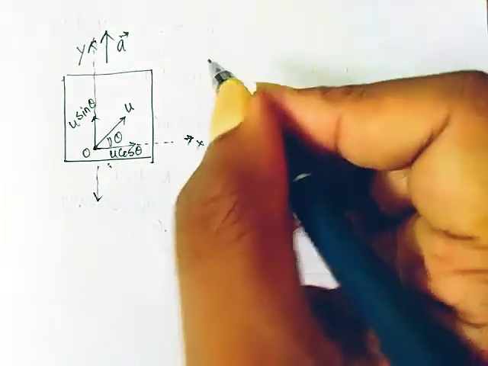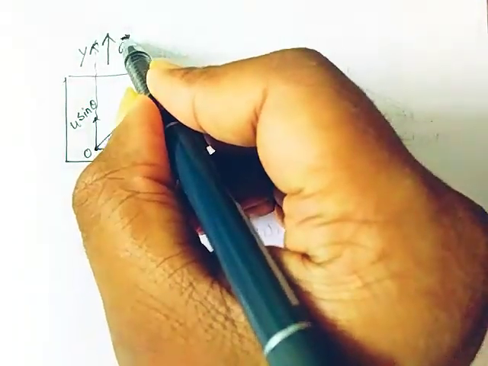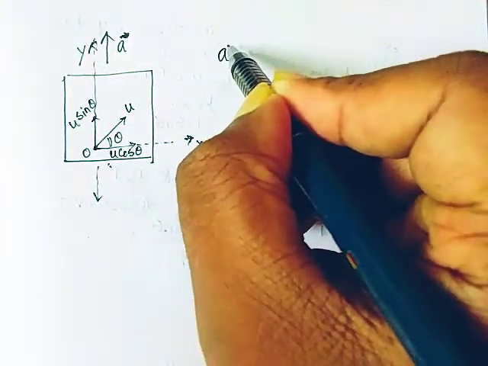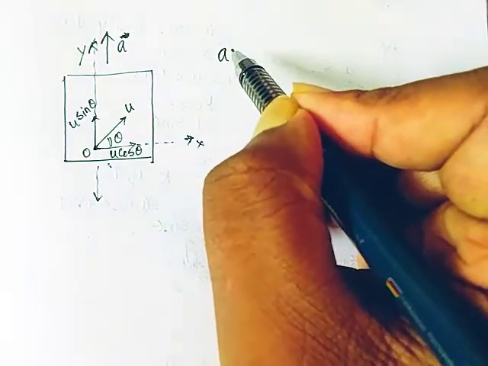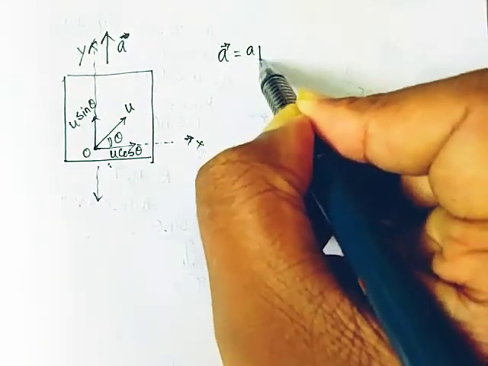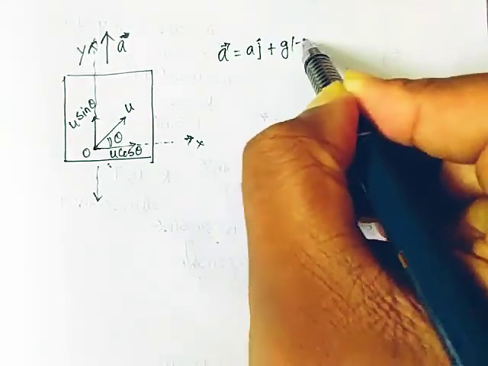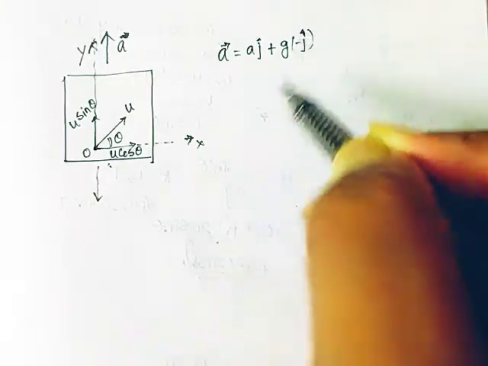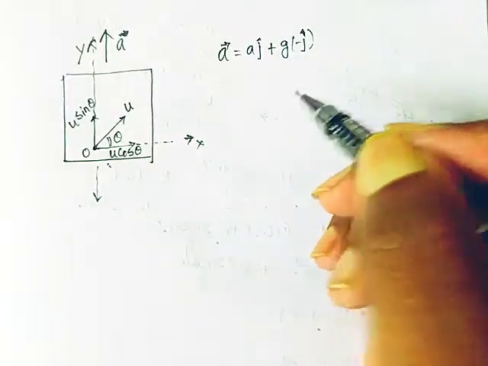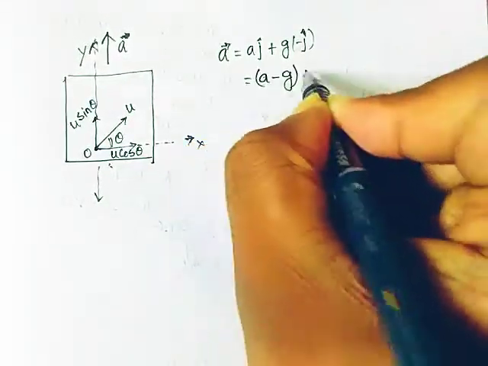Okay, so if I want to write down the acceleration on this reference frame, the acceleration is obviously along the y-axis. That is a vector equal to a j cap plus g minus j cap, because this acceleration due to gravity is always acting in the negative direction. So you can see it is minus g j cap.